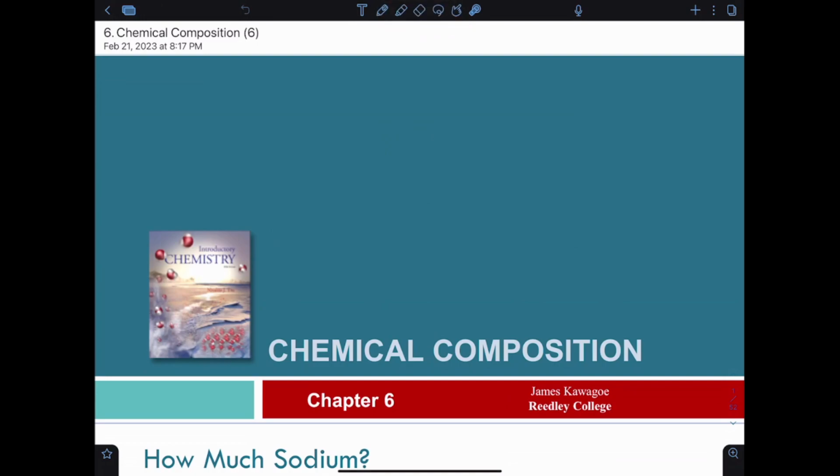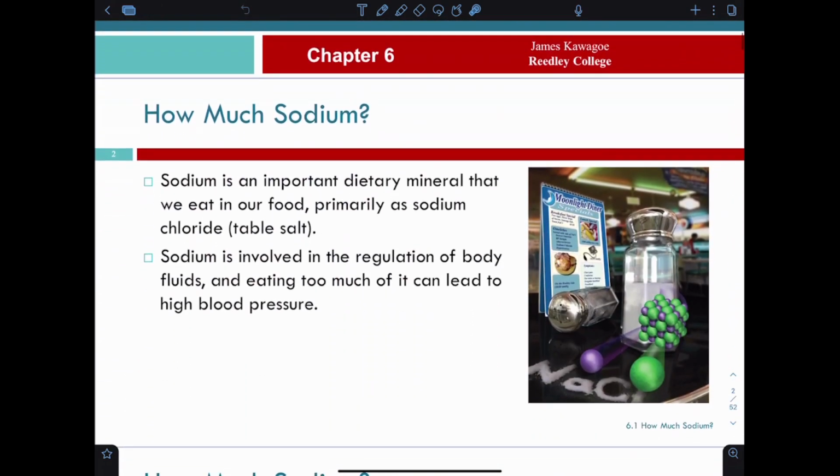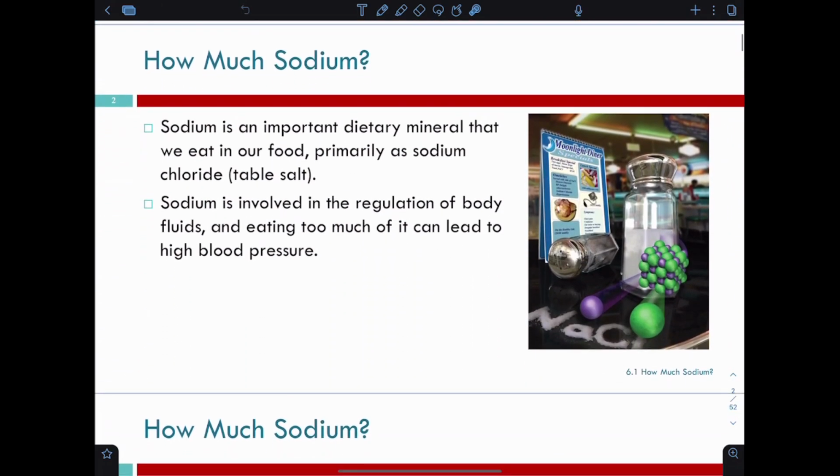So we've talked about chemical composition a little bit, but really from a more broad and general standpoint. Now we're going to get more into molecules and atoms, looking at things more closely, and also how we calculate things more precisely. So, how much sodium?